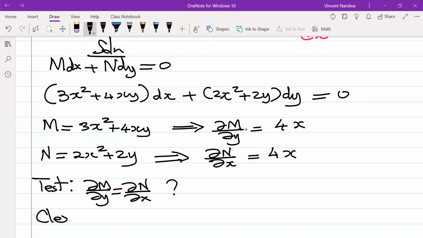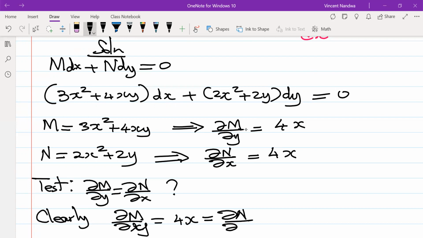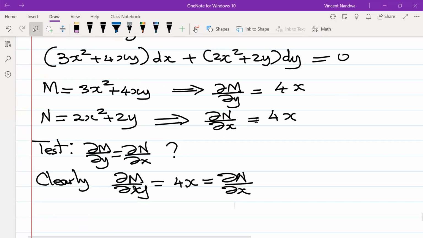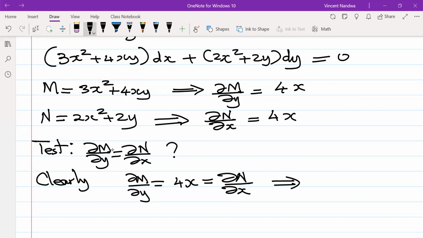So clearly, partial M partial y, which is 4x, is the same as partial N partial x. So that means that the equation is exact, which implies the equation is exact.